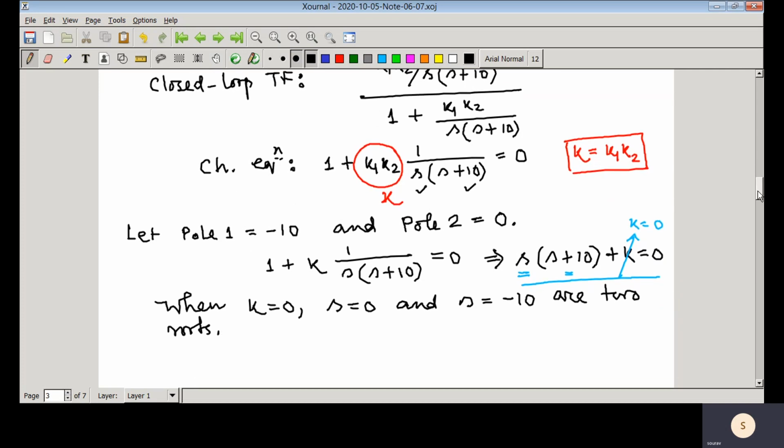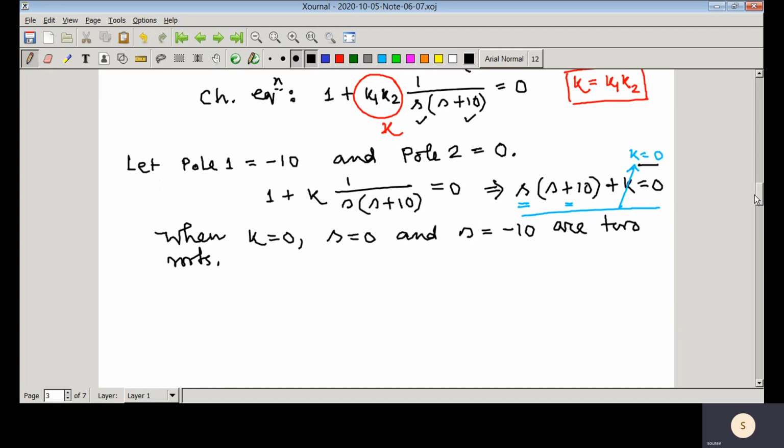So from here it is clear that whenever k equal to 0, then s equal to 0 and s equal to minus 10 are the two roots of the closed loop system. And then our objective is, whenever this k varies, and here we consider that k is positive, say k starts from 0 to infinity, what would be the variation of the closed loop poles? And its graphical representation is called root locus.